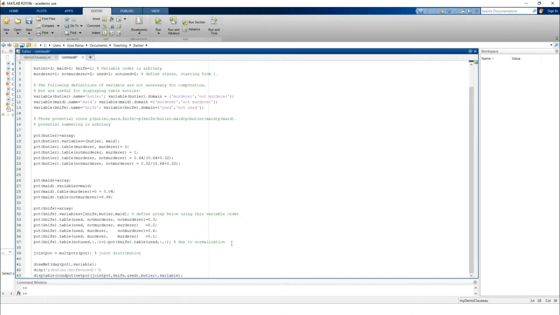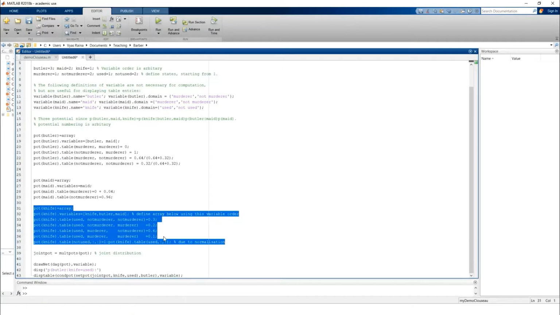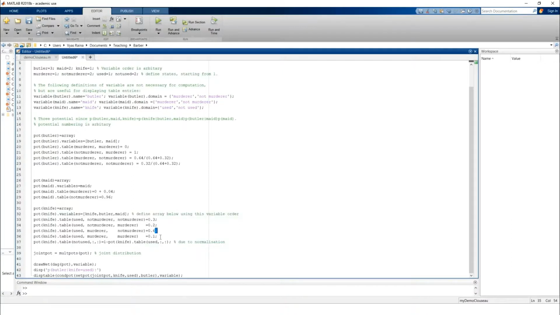Do you remember we don't actually have to modify the knife conditional probability distribution, the probability of knife given butler and maid, because all these values are still true in our prior knowledge, the 0.3, the 0.2, the 0.6 and the 0.1.